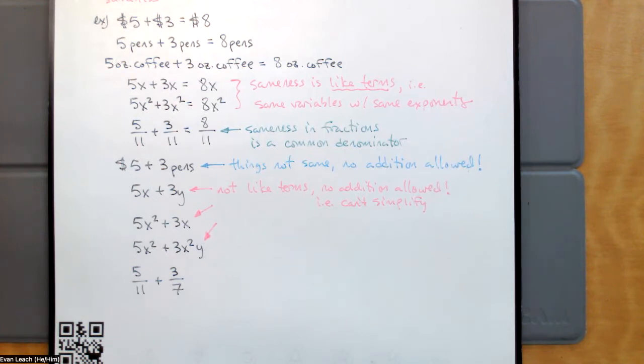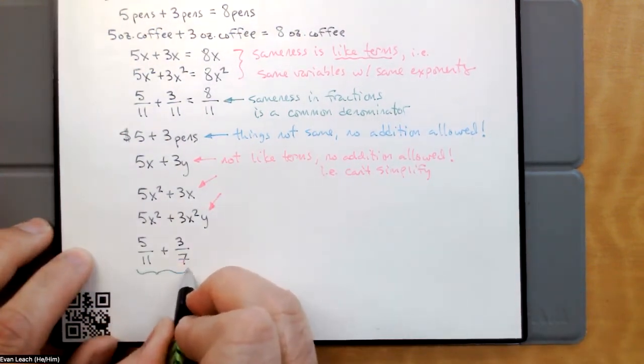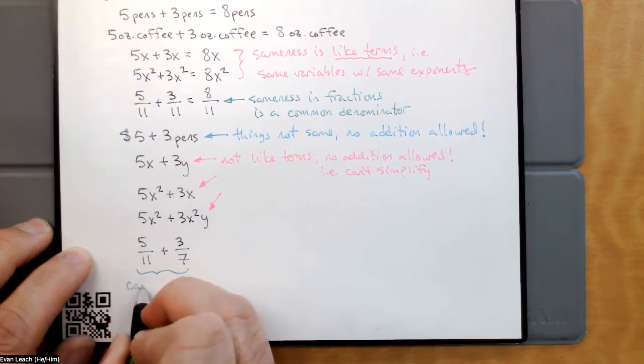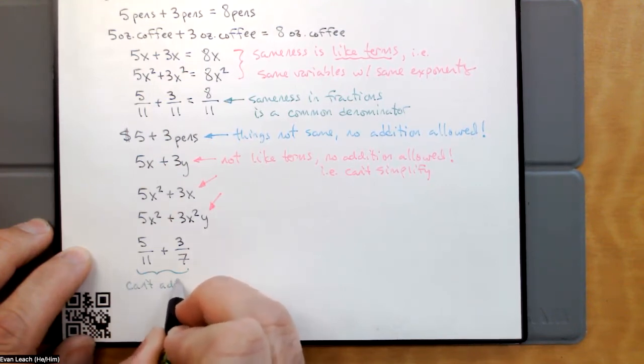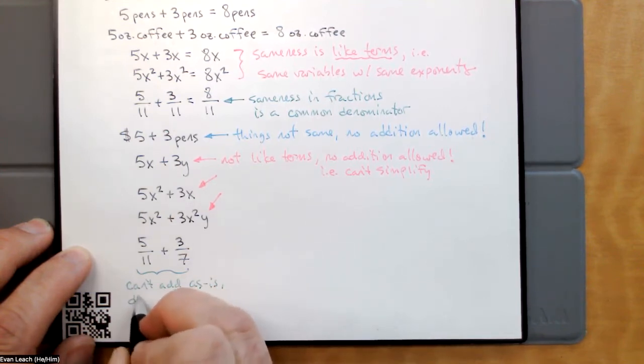This is like saying if I have $5 and €3, how much money do I have? We don't have 8 of anything. Unless it's some weird day where the dollars are equal to the euro. But we can convert these to have the same denominator. So we can't add them as is, can't add the 5 plus 3 as is, because we have different denominators.